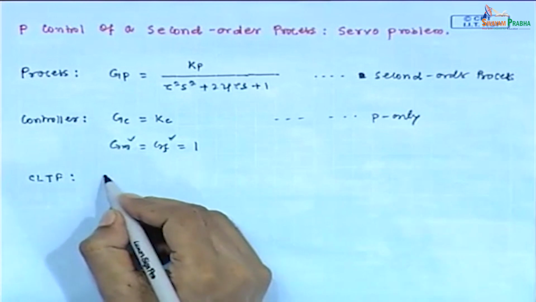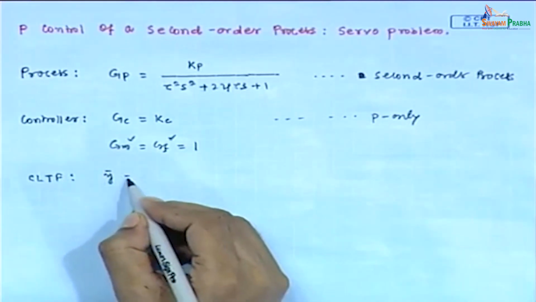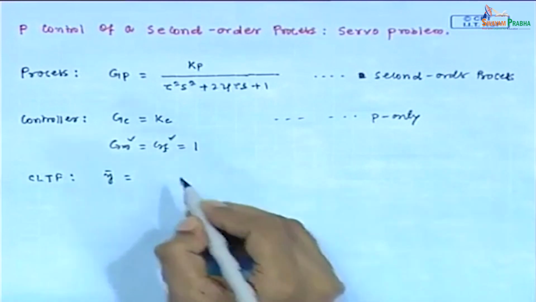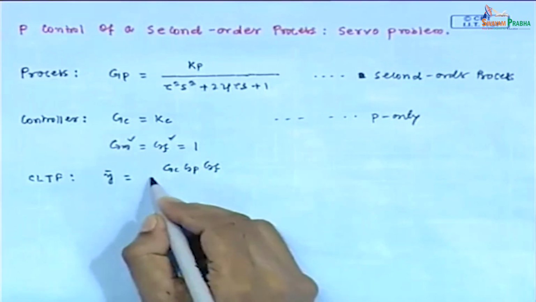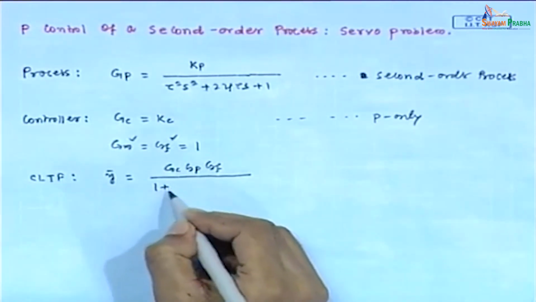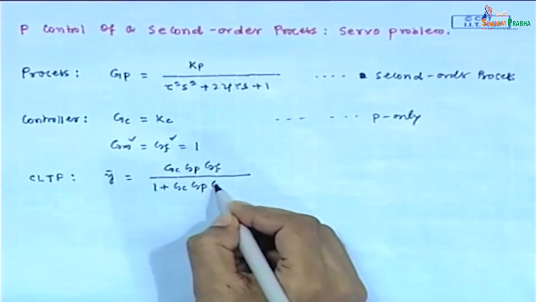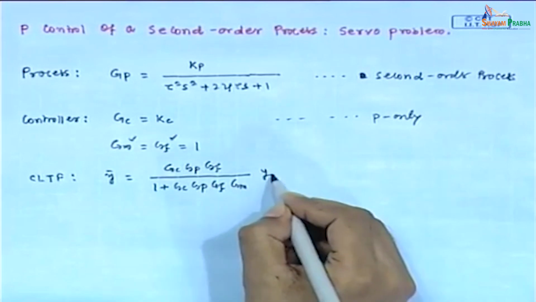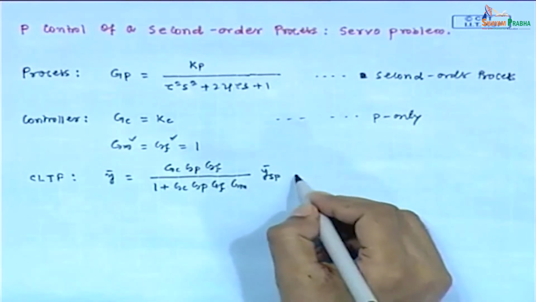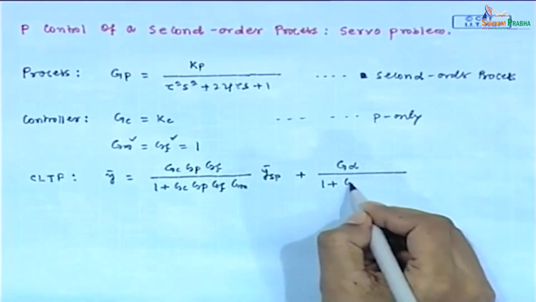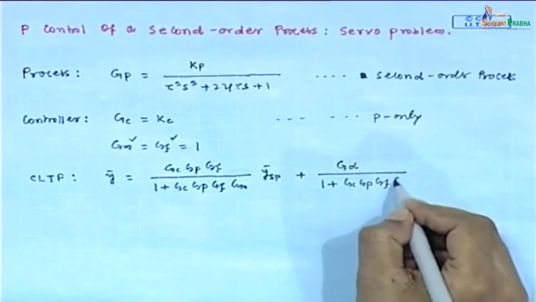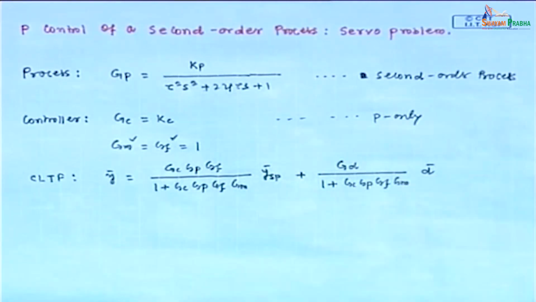It is y bar equals Gc Gp Gf divided by 1 plus Gc Gp Gf Gm times y set point bar, plus Gd divided by 1 plus Gc Gp Gf Gm times d bar. This is the general form of closed loop transfer function.